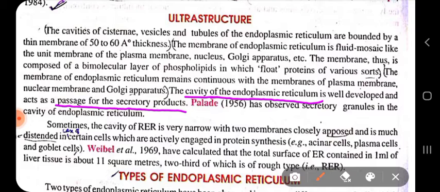They have to be formed here and packaged here, and transported to the destined cells via the blood vessels. So the cavity, the empty space of the endoplasmic reticulum, acts as a passage for the secretory products.